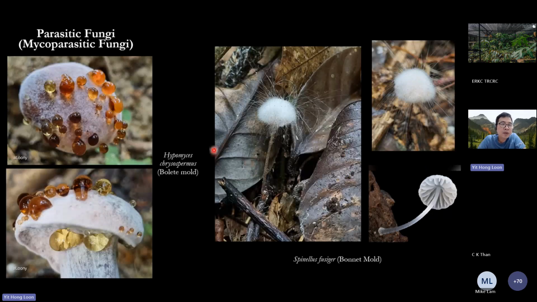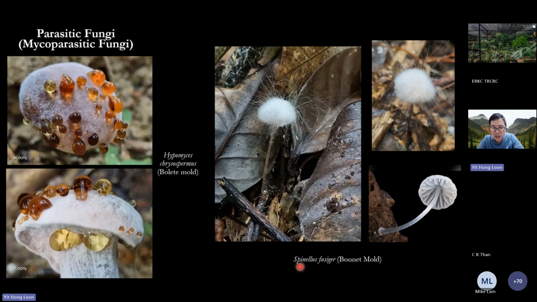Okay, so this is an example of mycoparasitic fungi. So this is a Hypomyces. Actually, you can see a white color mold growing on the fungi, on the bolete. So it makes the bolete go crazy. It excretes a lot of glutathione. Eventually, it will kill the bolete.